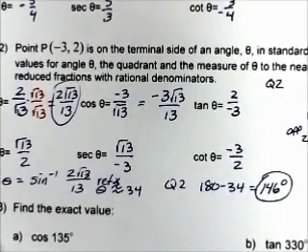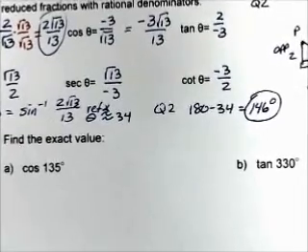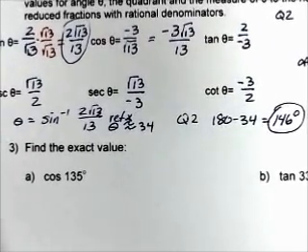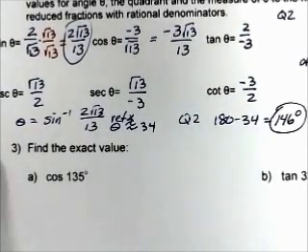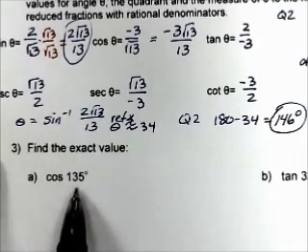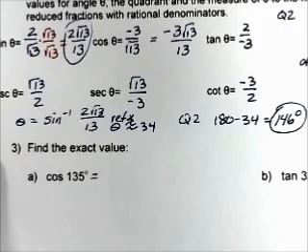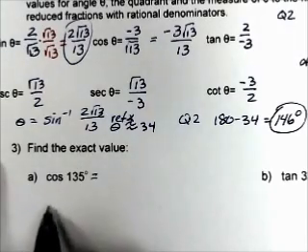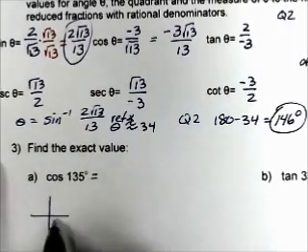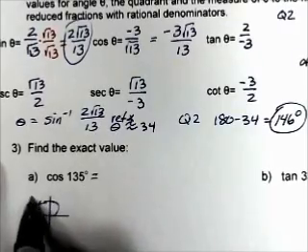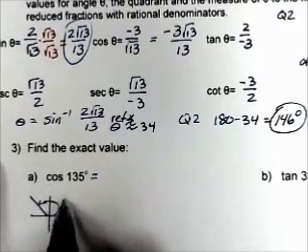Number 3, we want to find the exact value of the cosine of 135 degrees. Well, a 135 degree angle is not acute, so we express cosine of 135 in terms of its reference angle, a positive acute angle. A 135 degree angle would terminate in quadrant 2.